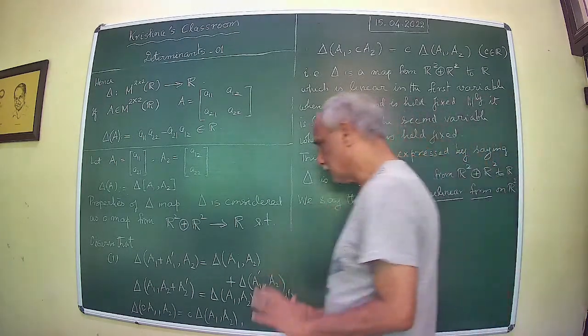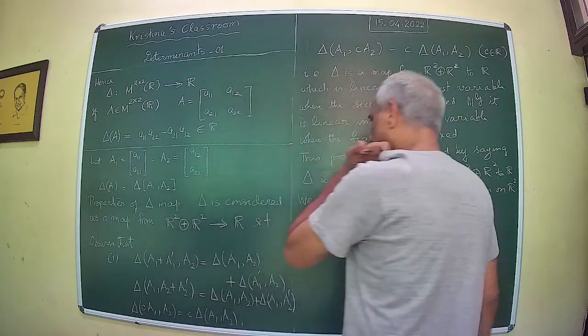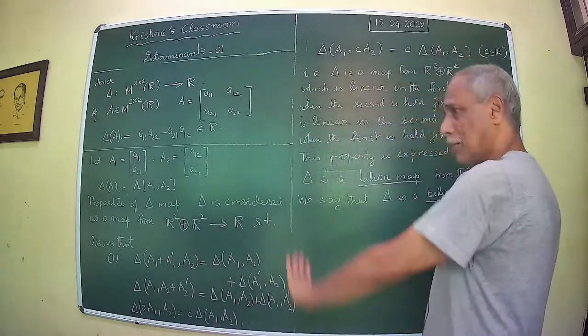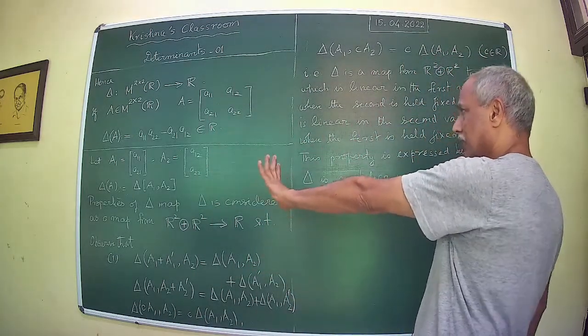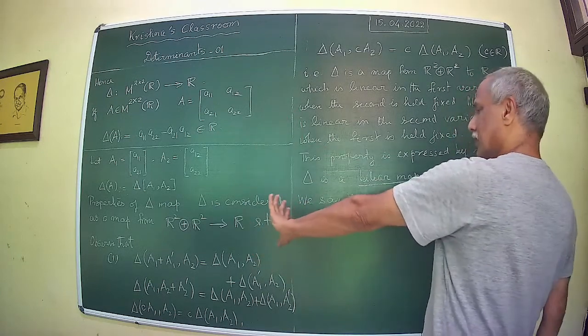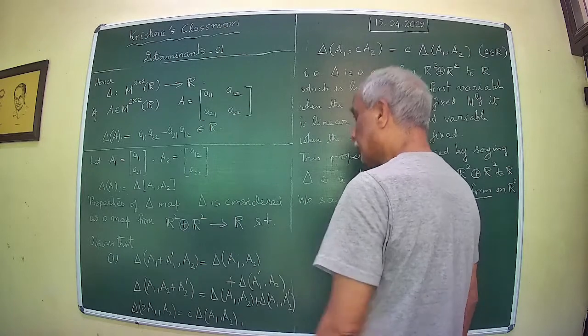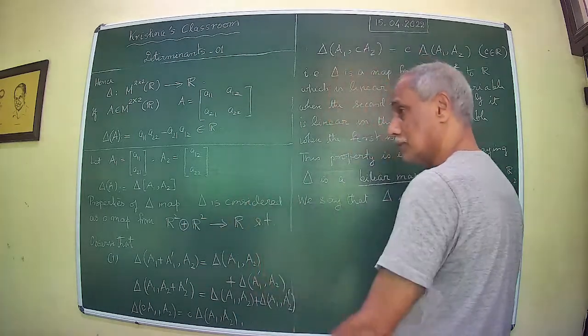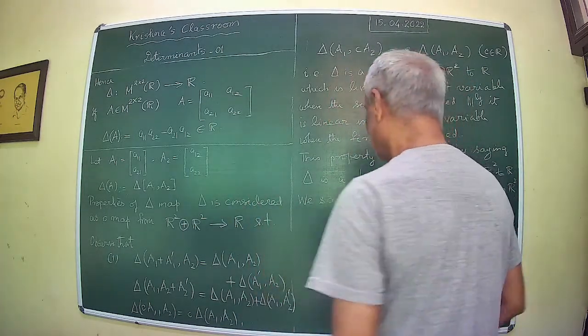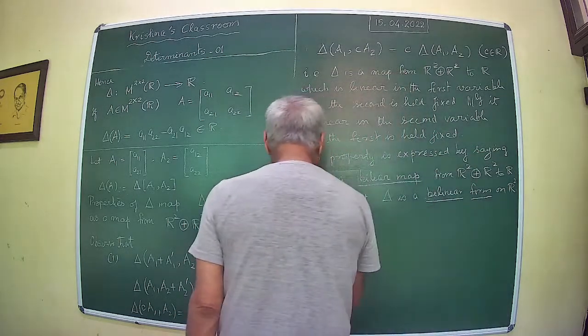So that is something very interesting. It's not any number that gets associated. The way in which you compute this, it will become a bilinear form. There could be several bilinear forms, and this is one of the bilinear forms that you have. What other property do you have?